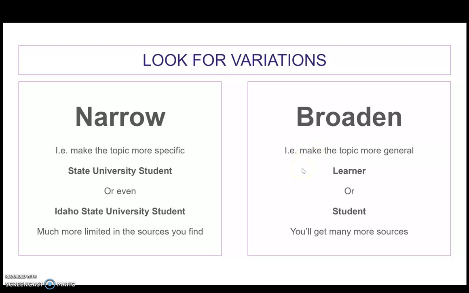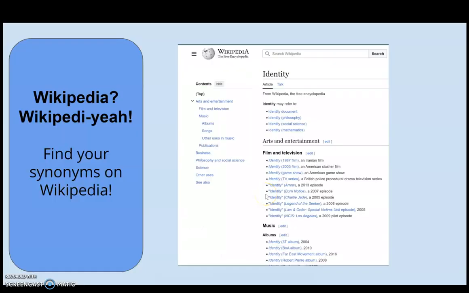You can narrow down your variation to make it more specific, where we only get results related to state university students. Or you can broaden it out to something even broader than student, which would be learner. And you'll get more sources if you work on broadening.